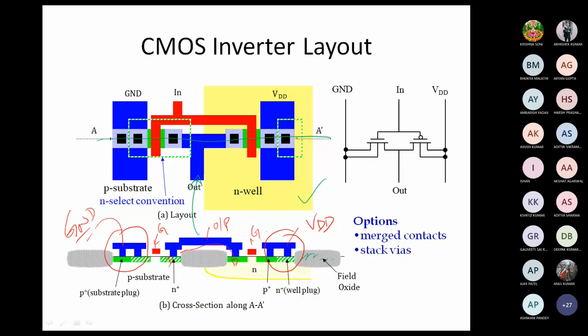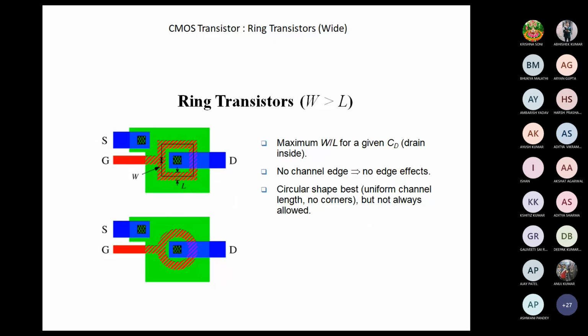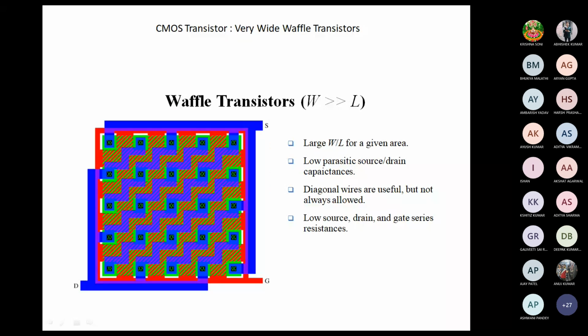So different layouts may be there. We may stop here discussing the layouts because you may not be able to appreciate this right now, as you might not have seen all these things. So different layouts are possible here.